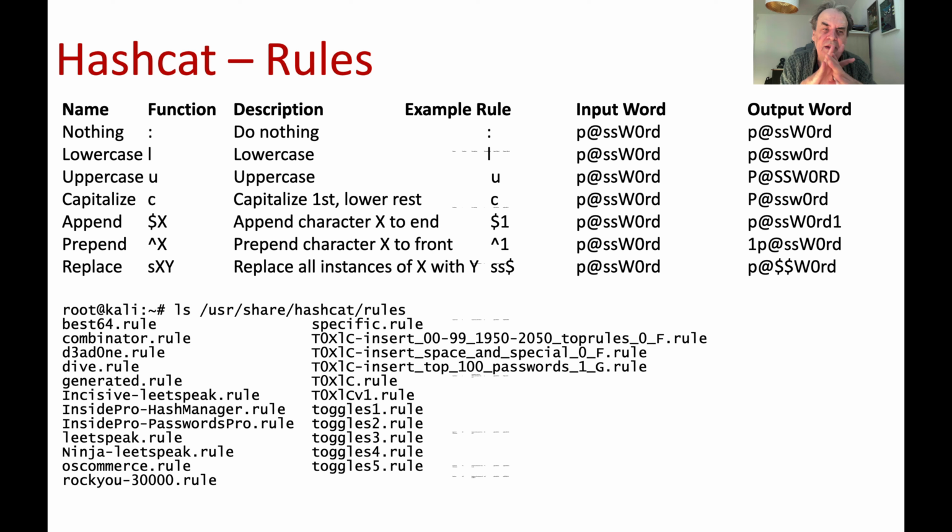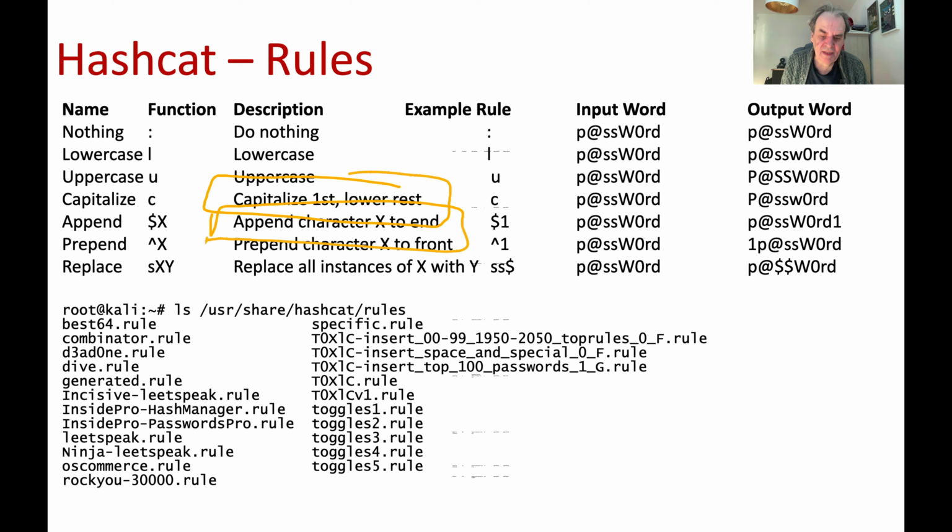Then for the rules, we can substitute various things. For example, we can use rules on capitalize, so we can capitalize the first letter, lowercase the rest. We can append a certain character onto the end, and so on.